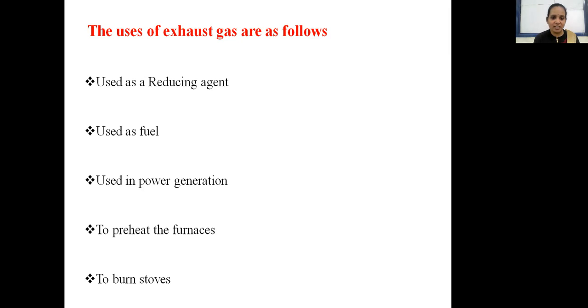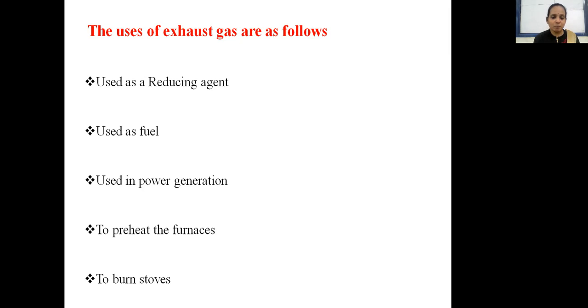We used to say as on gas, on blast. When the stoves are on gas, it means the stoves are getting heated themselves by using this carbon monoxide gas itself. When the carbon monoxide gas burns in the stoves, the heat generated by burning is absorbed by the checker brickwork.